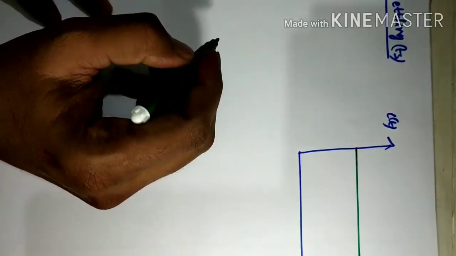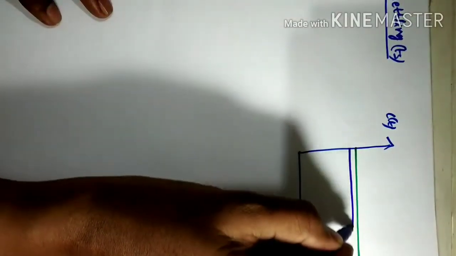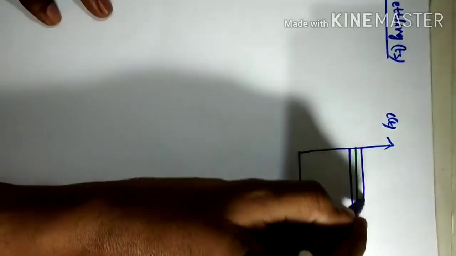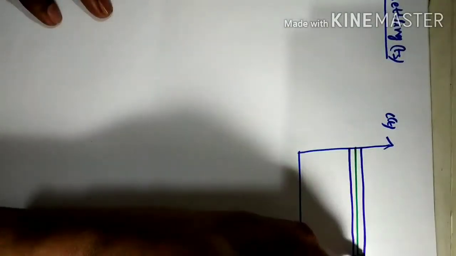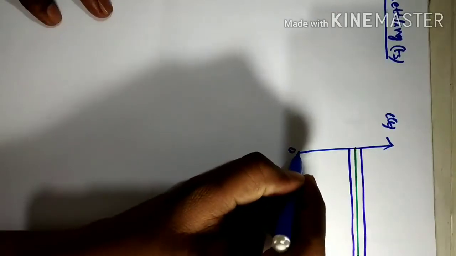For the given input, you see that these plus or minus limits form a band, the acceptable band. See your response, it goes like this kind of response.